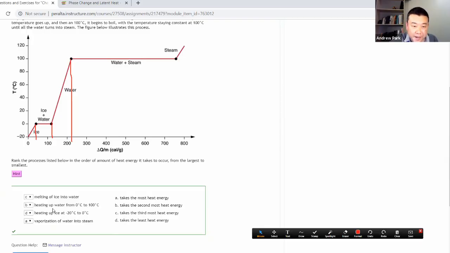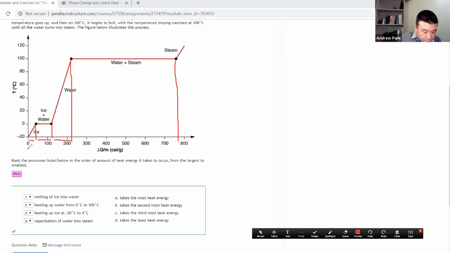And this is actually how you would figure this out. You can do this visually. The intervals here show you how much heat energy it takes to go through this much of a transition. So you see that to heat up the ice, it takes about this much.